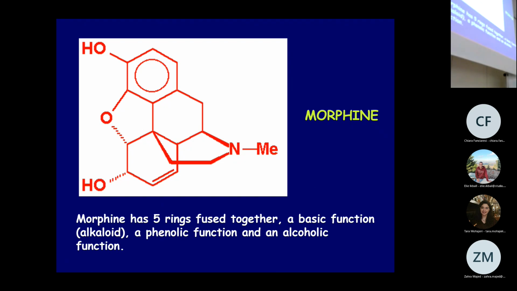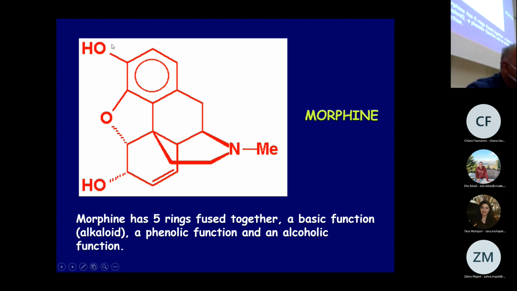What about morphine? Morphine is the prototype of this class. It is formed by 5 fused rings. If you see an aromatic ring called ring A, this ring is characterized by a phenolic function.